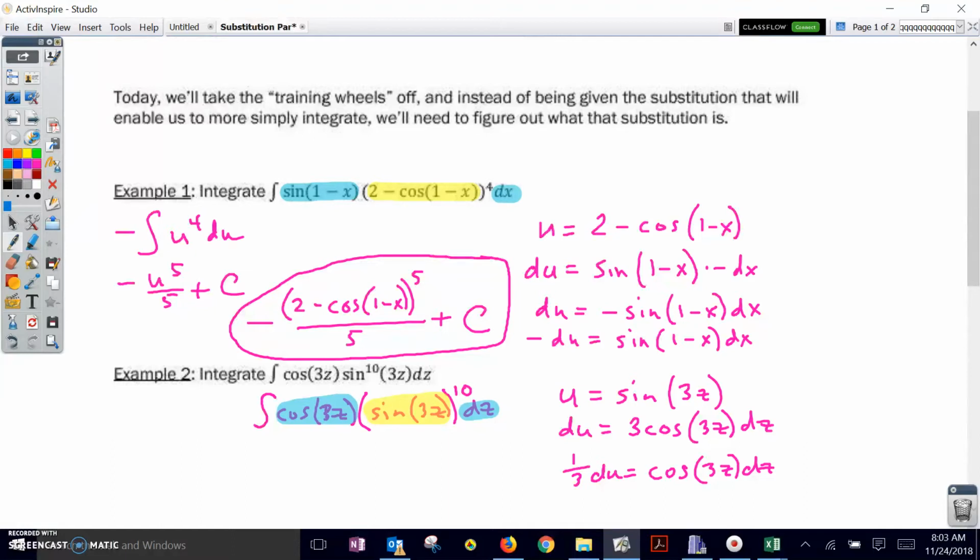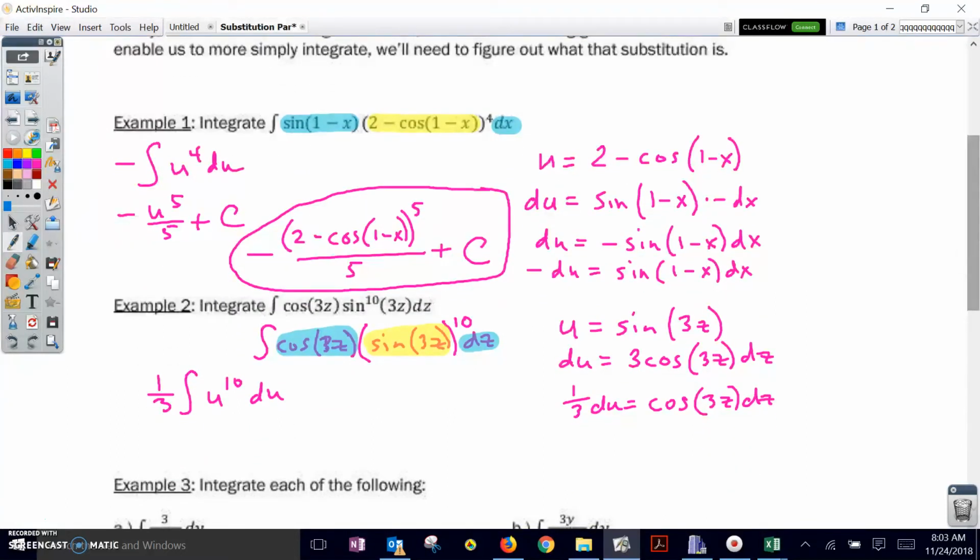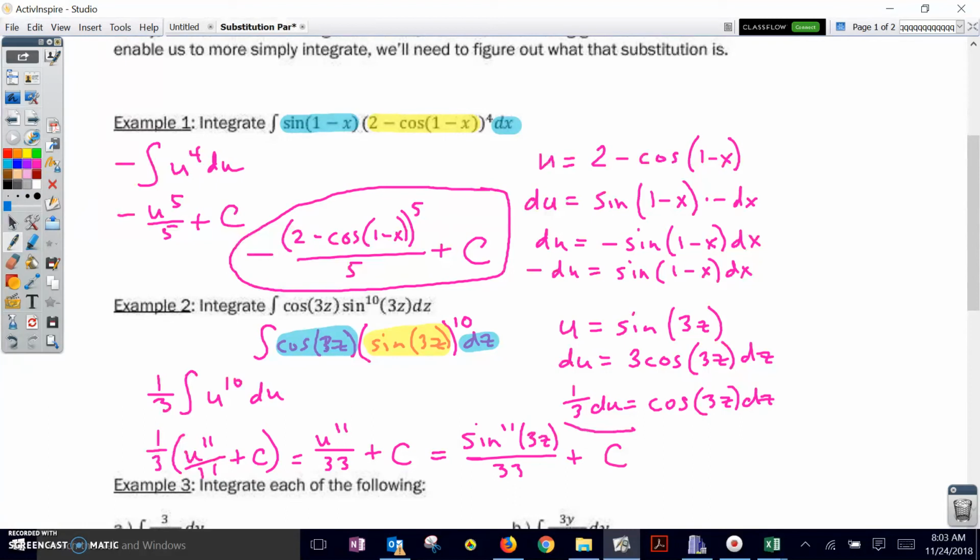So when I make my replacement, this now becomes 1/3 times the integral of u to the 10th du. And I take the antiderivative, that's 1/3 times u to the 11th over 11 plus c, which is equal to u to the 11th over 33 plus c, or bringing u back, it's sine to the 11th of 3z over 33 plus c.